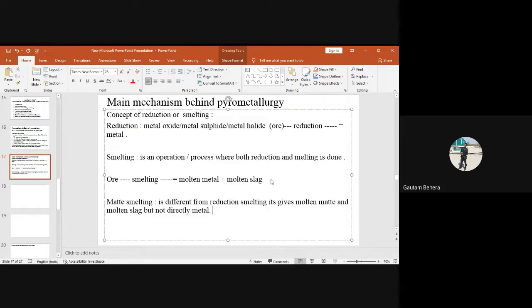Fine. So what is matte? If somebody asks, what is matte exactly? Matte is basically a molten mixture of sulfides. Suppose two sulfides are together in molten form, for example, iron sulfide plus copper sulfide together.